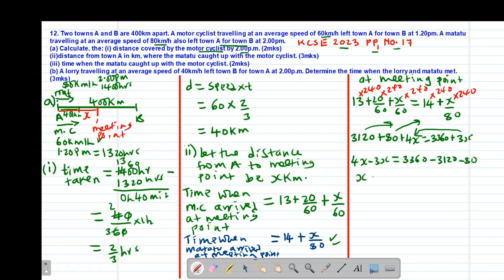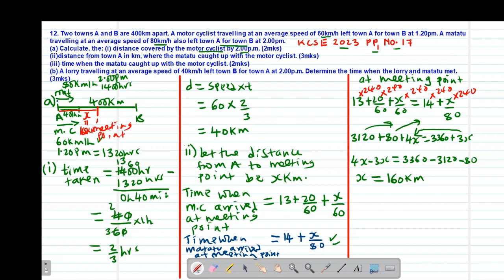So x equals 3360 minus 3120 minus 80, which gives 160 kilometers. So 160 kilometers is the value of x. This distance to the meeting point is actually 160 kilometers.